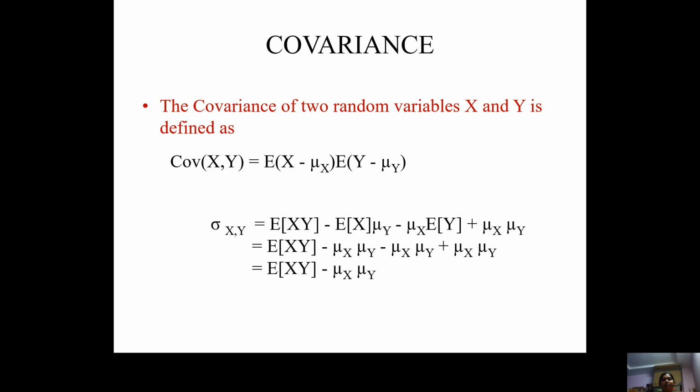One can be subtracted from the other. So E of xy minus mu x mu y. So the covariance of two random variables which are jointly connected is denoted by sigma square xy, which is equal to E of xy minus mu x into mu y.